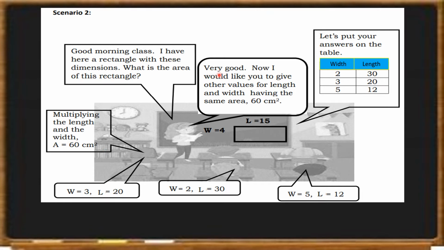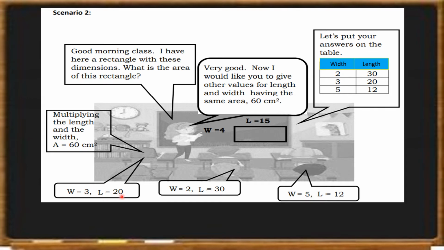Very good. Now, I would like you to give other values for length and width having the same area. This area is fixed because the teacher wants the same area. What are the other dimensions that are possible? One student answered with width 3 centimeters, length 20 centimeters.